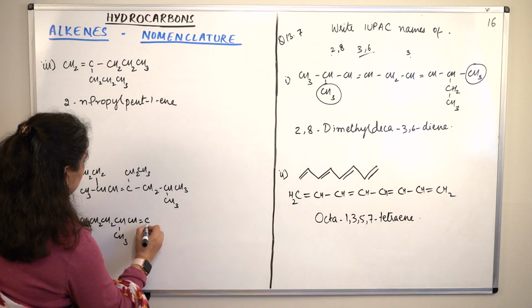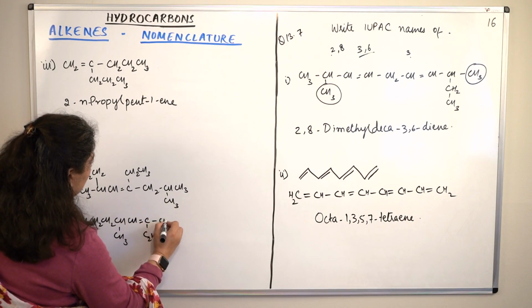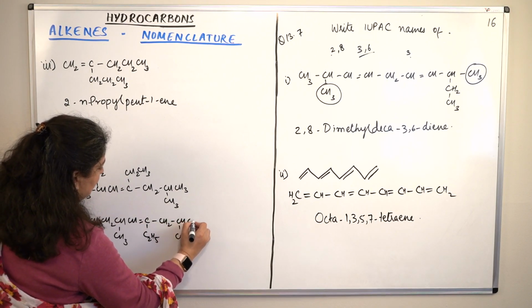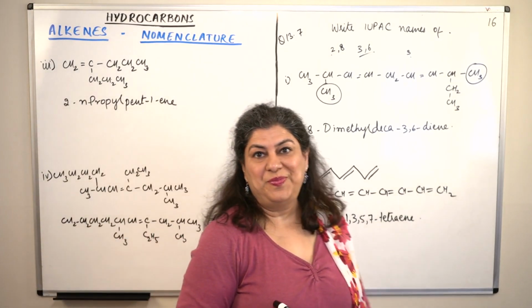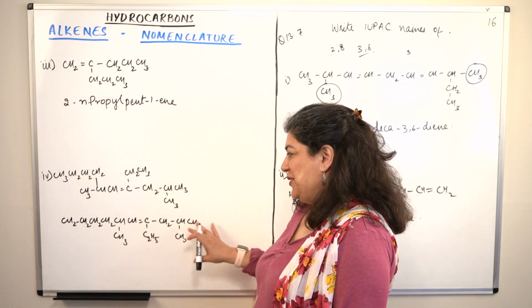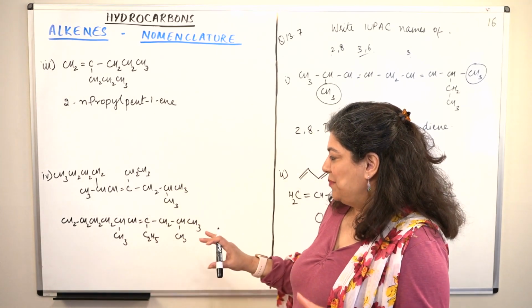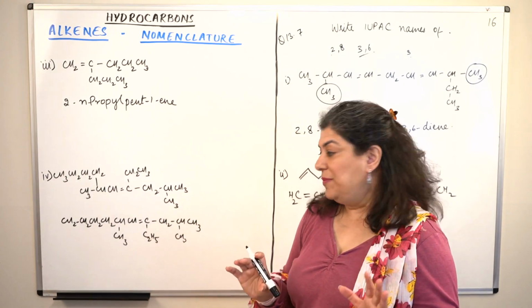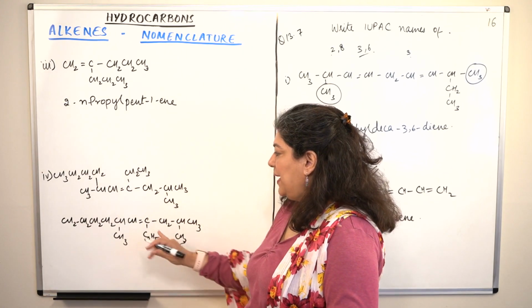There's a double bond C, C2H5 here, CH2, CH, CH3 here, and a CH3 here. So this is your actual compound. Do you see this? Once you write it down in a way that makes it simpler, you have 2 methyl groups and 1 ethyl group. There are 3 branches, 2 of them are methyl groups, 1 is an ethyl group.